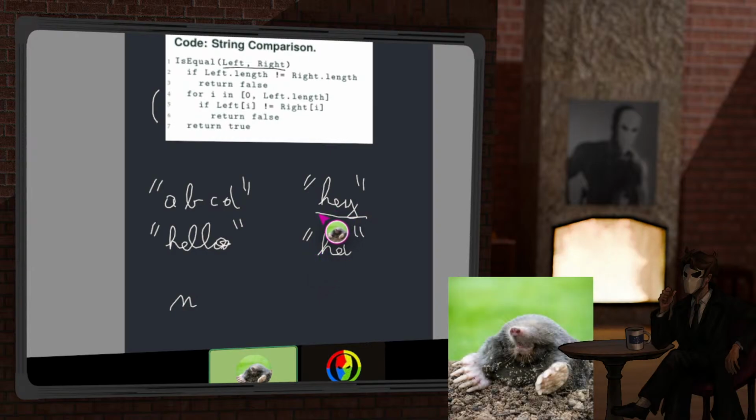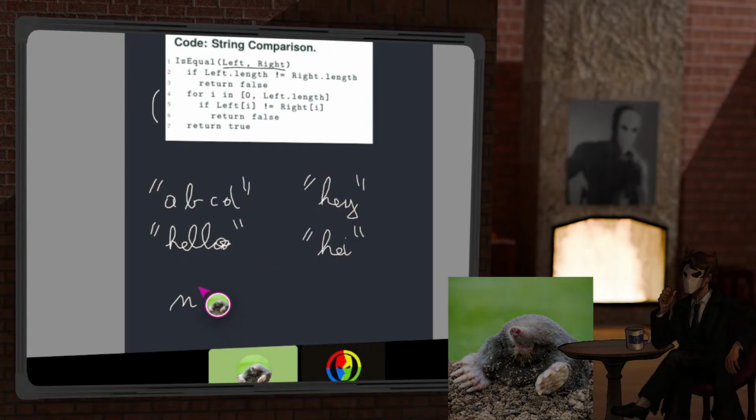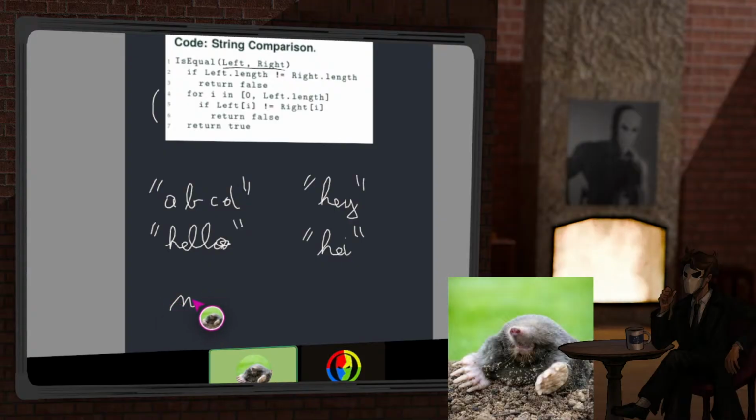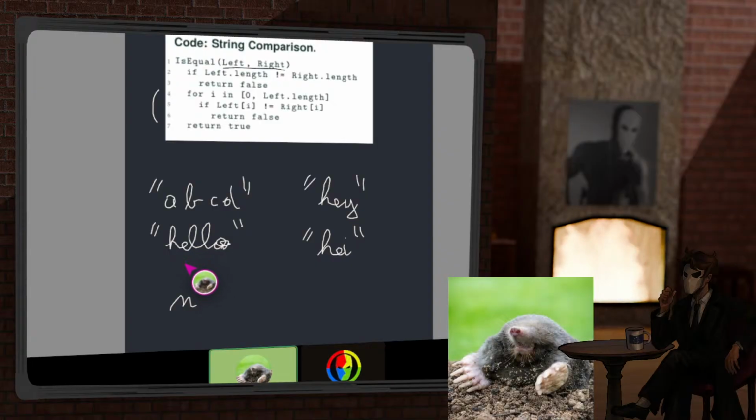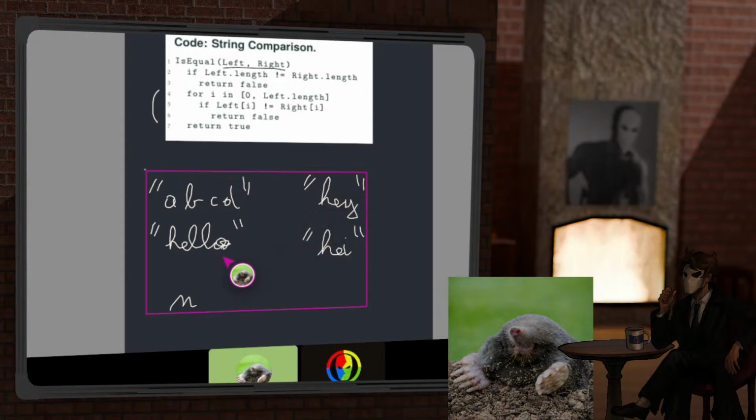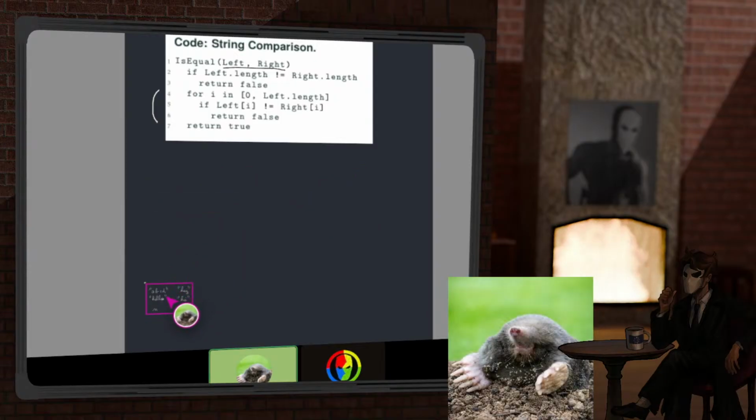In that case, we have to loop over every character until we get to the end. So we do n operations, n comparisons. But is that really a truly accurate thing to say? Because we can stop early in the comparison if the start of the strings are different.